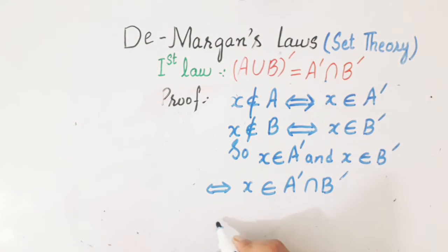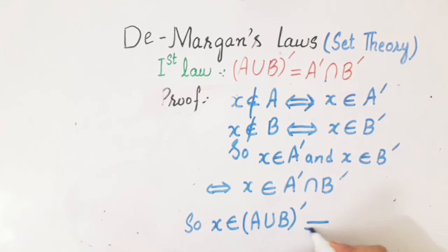So in the start x belongs to (A union B) whole complement, and in the last step we get that x belongs to A complement intersection B complement. So this is the proof for the first law.